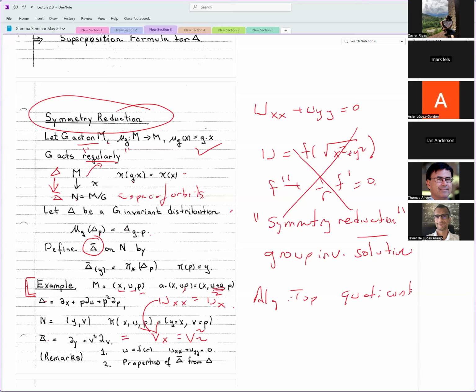We have this general construction of symmetry reduction, and one of the goals is to be able to infer properties of what the reduced system looks like from properties of this.